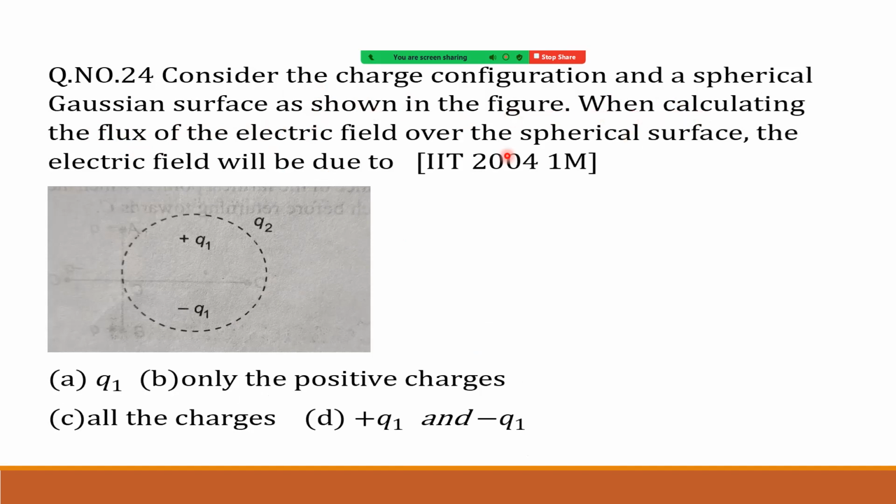When calculating the flux of the electric field over the spherical surface, the electric field will be due to. While discussing Gauss law, we discussed that the field is due to all charges, but flux is only due to inner charges. So now he's asking the electric field will be due to, and it is all charges. So a very simple question.